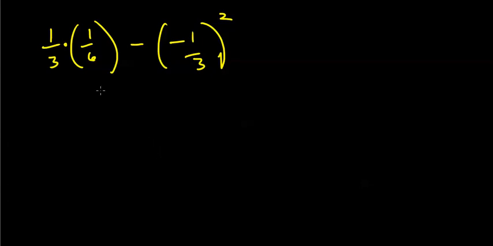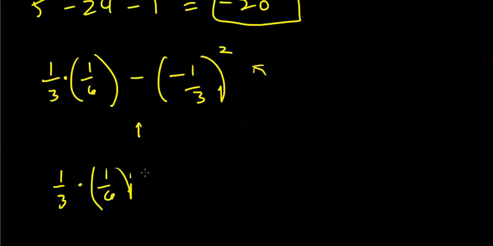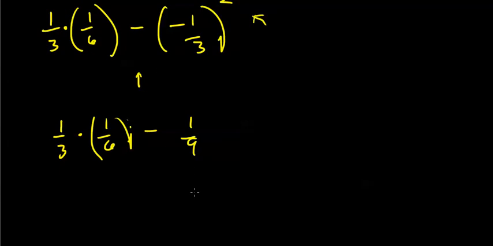We've got 3 fractions, and we've got a multiplication, a subtraction, and an exponent. And only one of these operations gets done first, so formally the exponent gets done first. Minus 1/3 squared is going to be positive 1/9, is it not? A third times a third is 1/9, and negative times negative is positive.